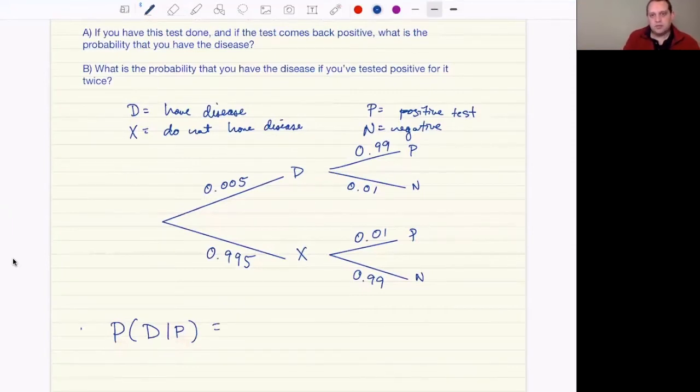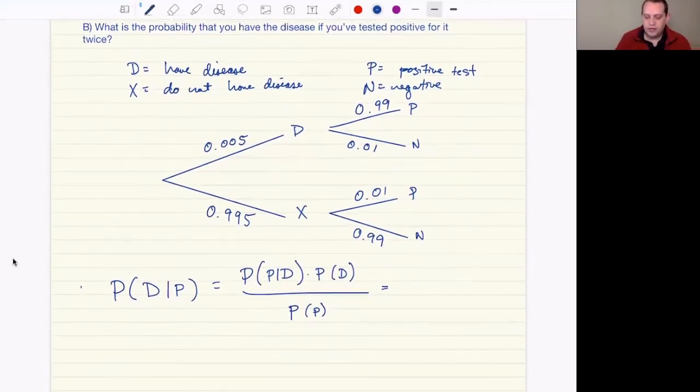To do that, we'll just apply our formula. We can do this one of 2 ways, but I think it's easiest to do this with Bayes' theorem. So the probability of D given P will be the probability of P given D times the probability of D, divided by the probability of P. We need to think about what's the probability that we had a positive test given that we have the disease.